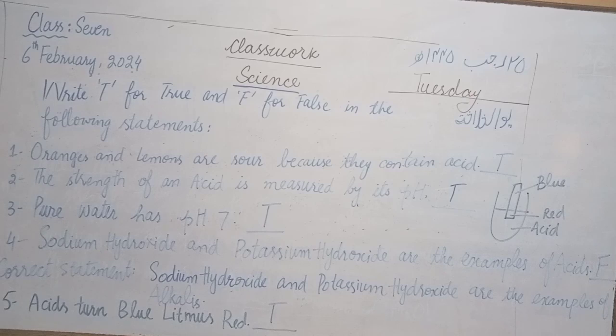Third one is, pure water has pH 7. Fourth one, sodium hydroxide and potassium hydroxide are the examples of acids. That is false. And fifth one, that is last, acids turn blue litmus red. This is true.